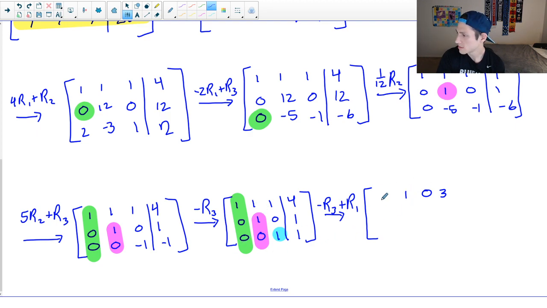Negative times 0 plus 1 is 1. Row 2 stays the same, 0, 1, 0, 1. Row 3 stays the same, 0, 0, oops, not 0, 0, 0. Oh, come on.